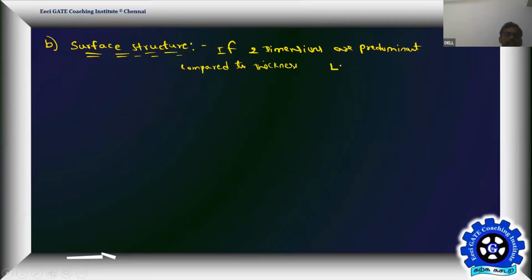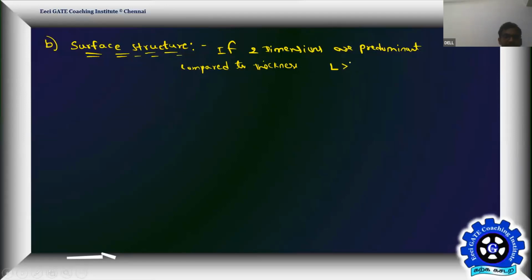If two dimensions are predominant, meaning dominating, compared to the other dimension, meaning compared to thickness, that means length and width are actually dominant.